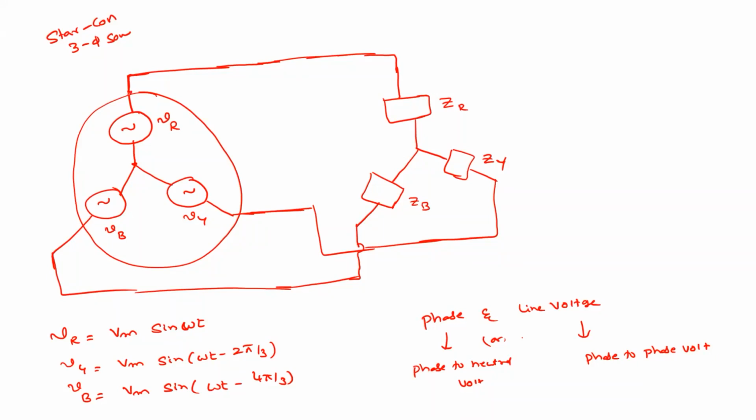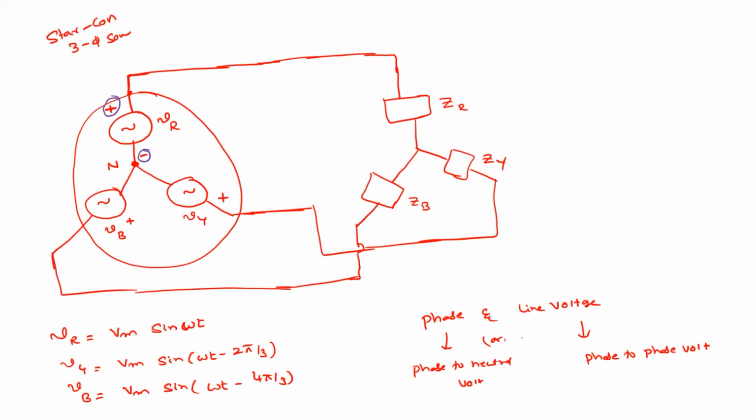Assume that this is the phase point. This midpoint, or the point where the star is formed, is known as neutral. If we assume this is plus and this is minus, the voltage between this point and this point is known as phase voltage or phase to neutral voltage.